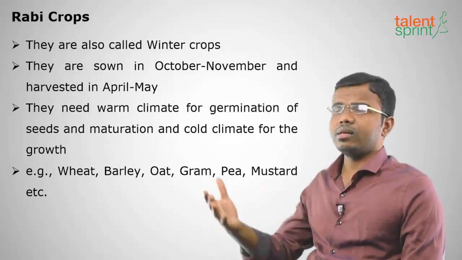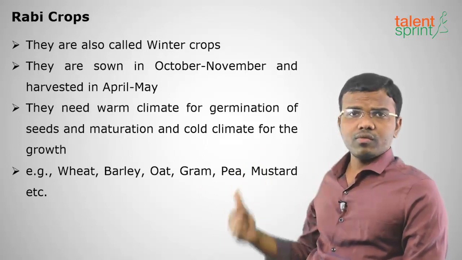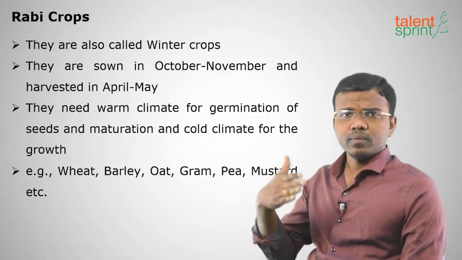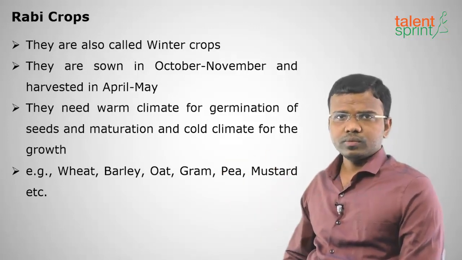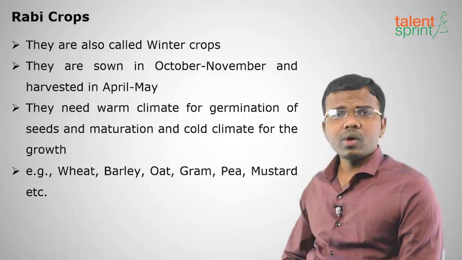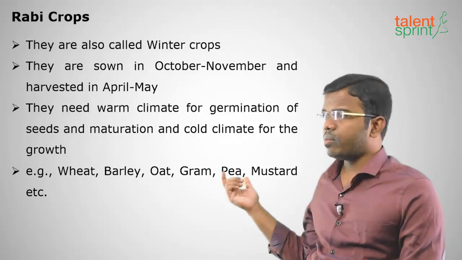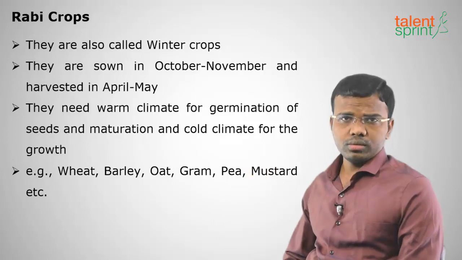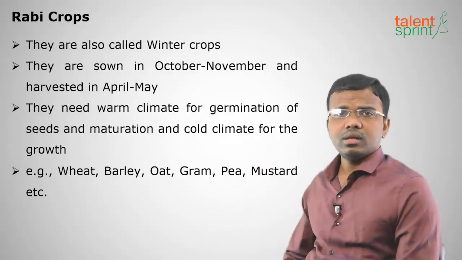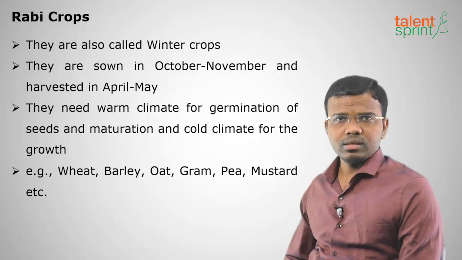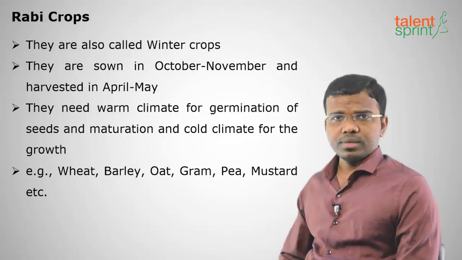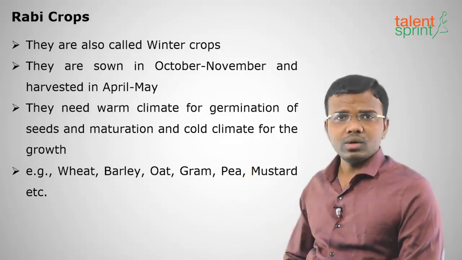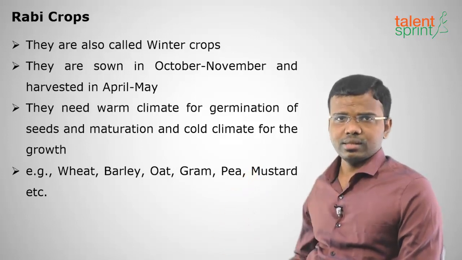Okay, they celebrate the new year with the harvesting of Rabi crops, the respective new years like Telugu New Year, Tamil New Year, Marathi New Year, etc. Okay, and they need a warm climate during the germination of seeds, and a mild and cold climate for their growth. Okay, they cannot tolerate very dry climates, unlike Kharif crops. And the very best examples of Rabi crops are wheat, barley, oat, gram, mustard, etc.